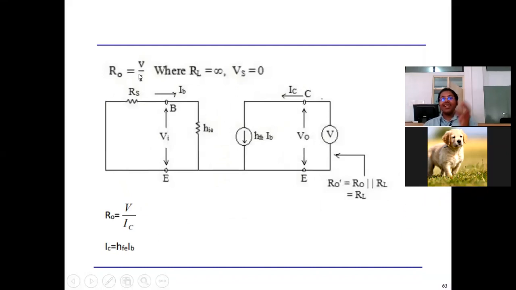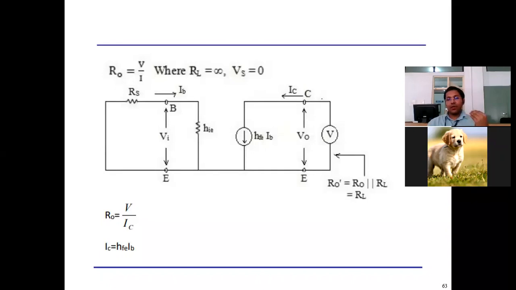Now, for any circuit, the process will be the same. That's why I am repeating. If you want common collector, we will take the equivalent for the common collector configuration and repeat the same process. The process will be the same, the circuit will be common collector.